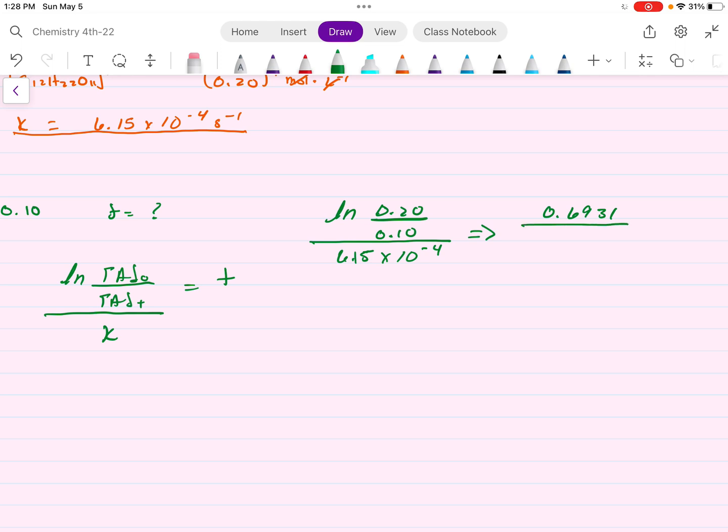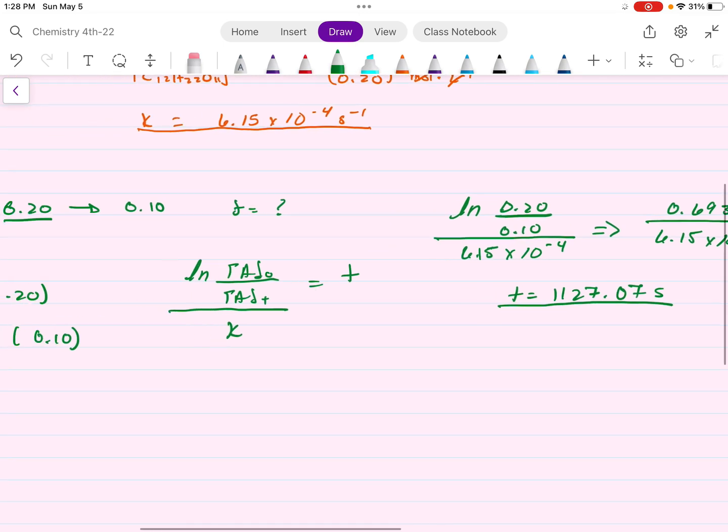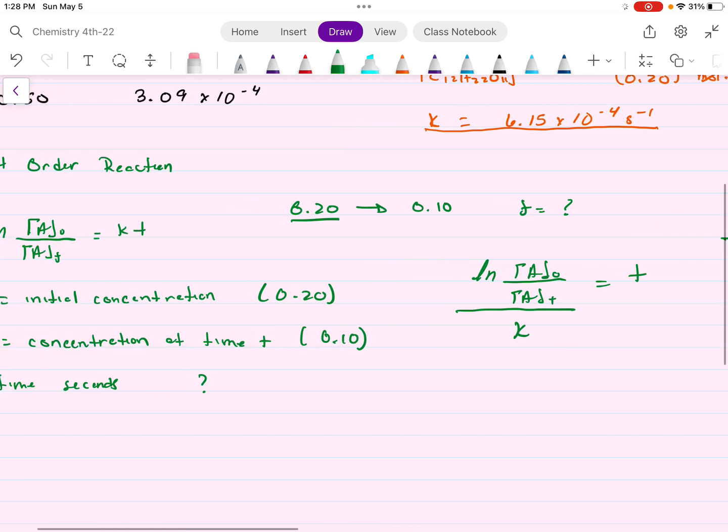Okay, then I'm going to divide that by 6.15 times 10 to the negative 4. So t is going to give me 1127.07 seconds, right?